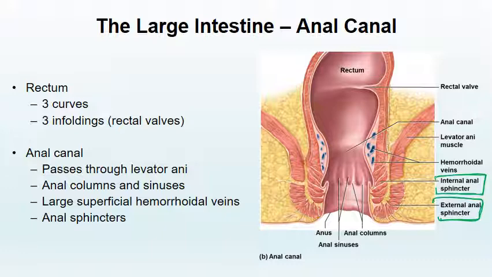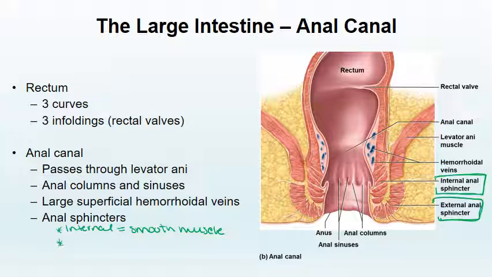The internal anal sphincter is going to be composed of smooth muscle, and hopefully you remember that smooth muscle is involuntarily controlled. So we do not control when this internal sphincter opens or closes.